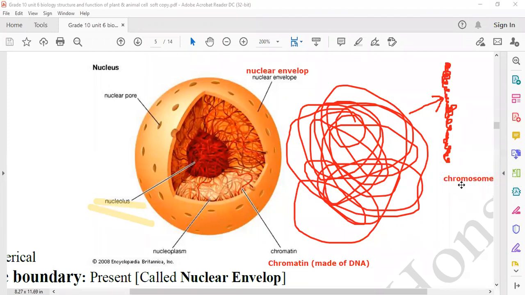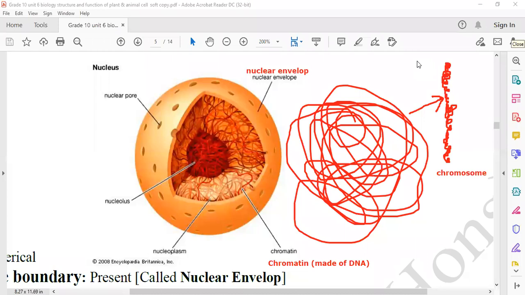When it is loose, what is the name given? Chromatin. When it is tight, what is the name given? Chromosome. That's the difference.